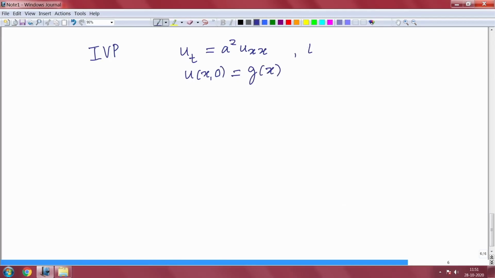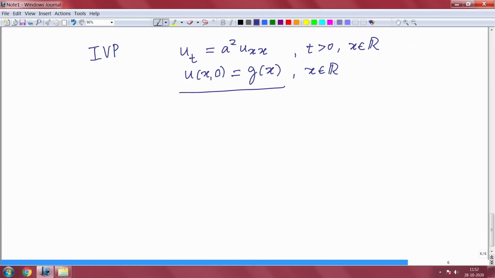So this is in t positive, x in R, the one dimensional heat equation. Our arguments are not very rigorous to begin with, but once we come to the formula, we will concentrate on that formula and analyze that further.